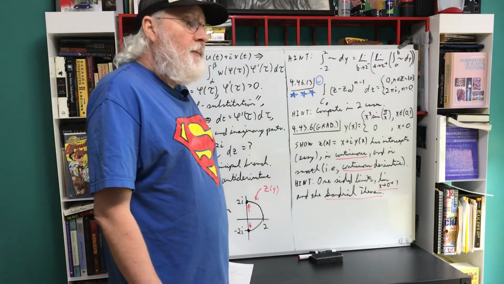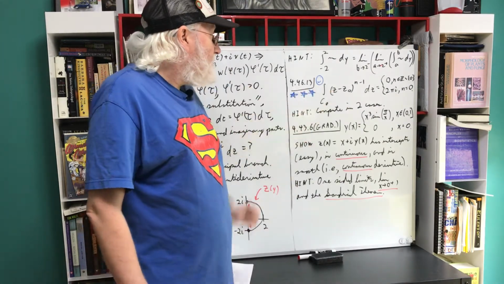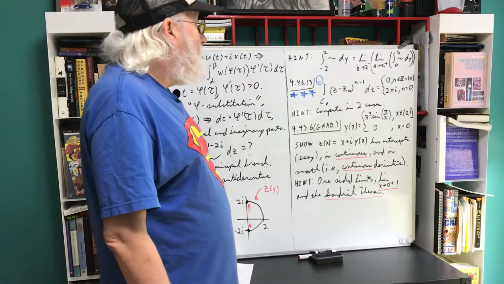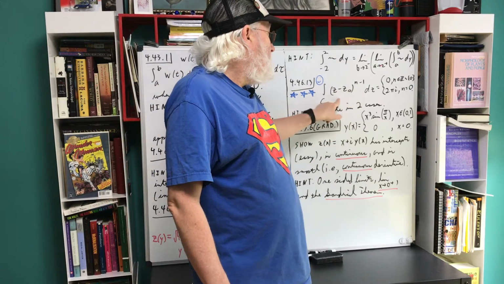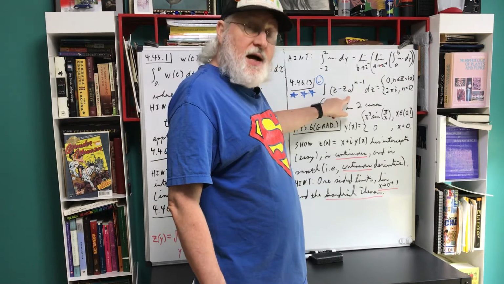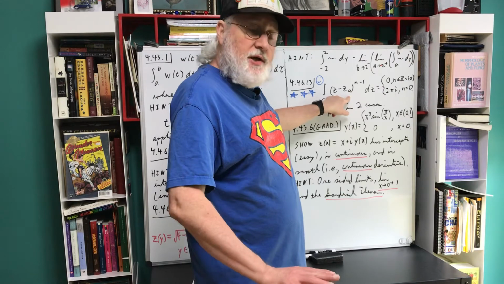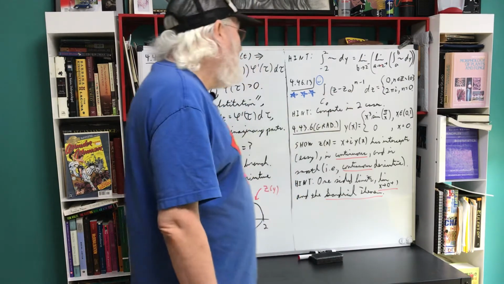All right, I'm worried about division by 0 in this function. When n equals 0, we've got 1 over z minus z sub 0. And when you see those 1 over z type functions, integrals are going to involve branches of the logarithms, and here comes trouble.